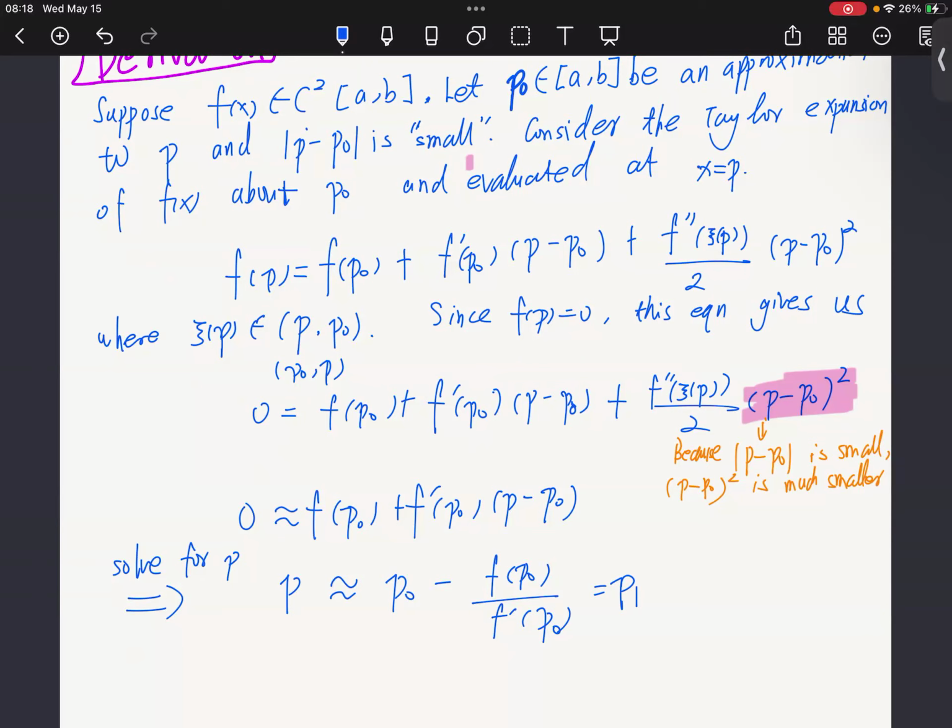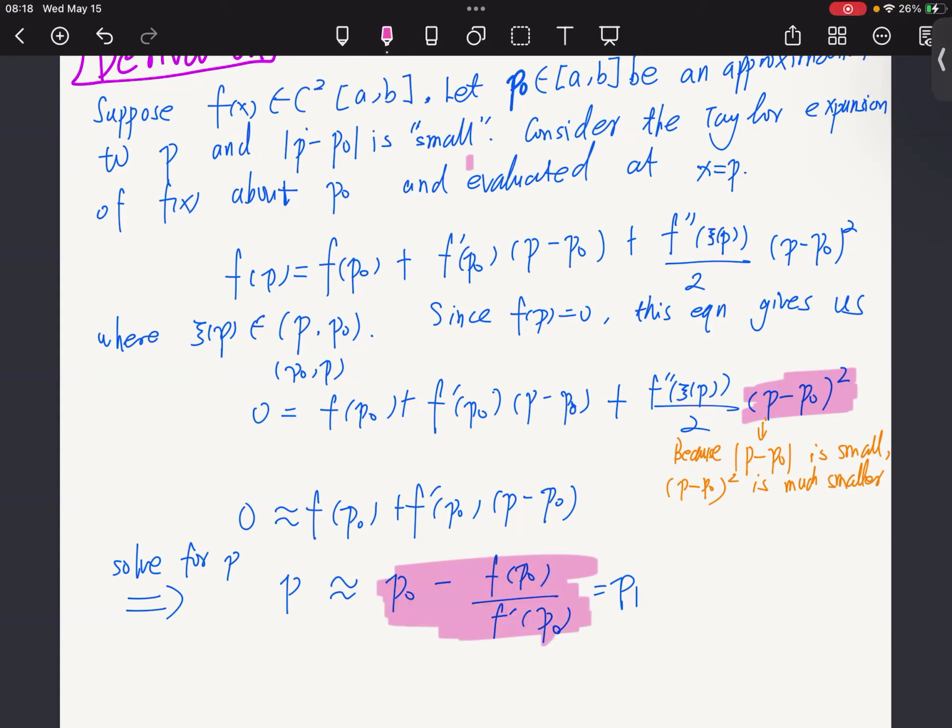So P is approximated by P1 minus f of P1 divided by f prime evaluated at P1. And this is Newton's method. And this is the equation to generate the next iteration's result.